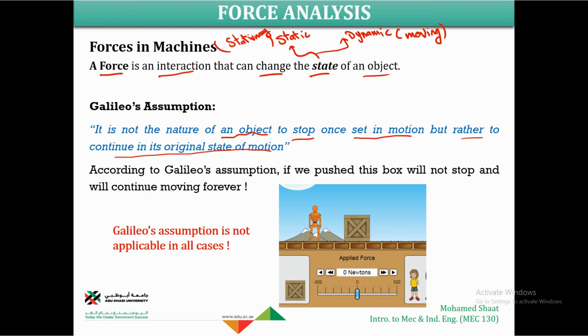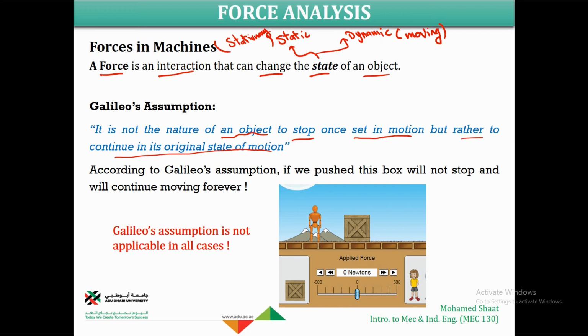No. But Galileo's assumption states that if any object is in motion, it means that this object has been pushed to move, and it will never stop, which doesn't make sense. Anyway, objects in reality are going to stop, whether instantaneously or after taking some time. Like when you're driving a car, it's going to stop after a while, right?